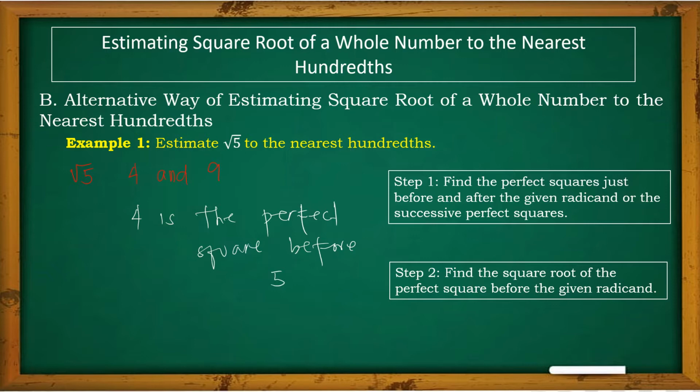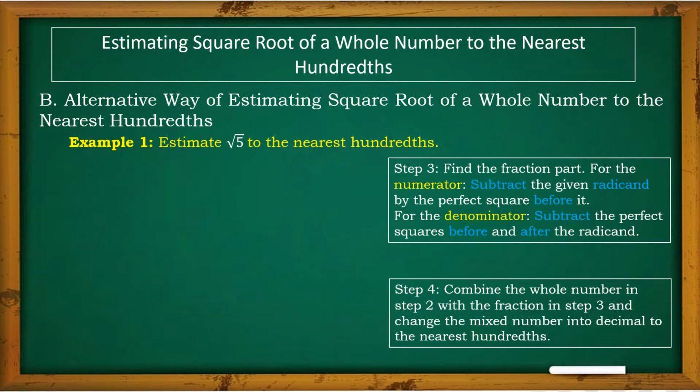So, kuhanin daw natin yung square root ni 4. So, square root of 4 is 2. So, tatandaan natin yung 2 na nakuha nating sagot. Mamaya, gagamitin natin siya bilang whole number ng ating magiging sagot.